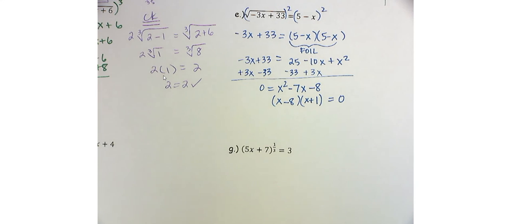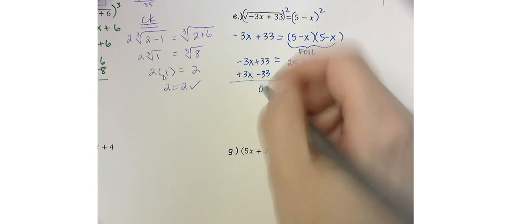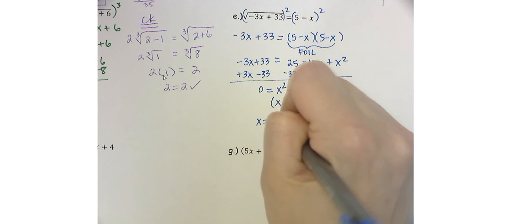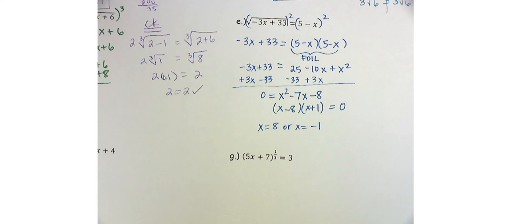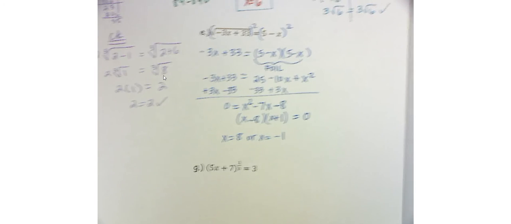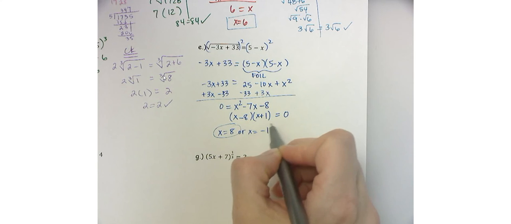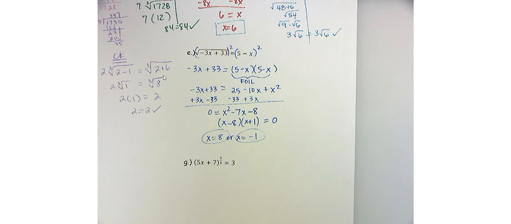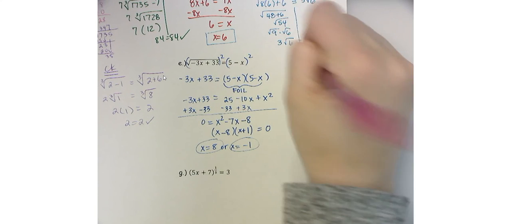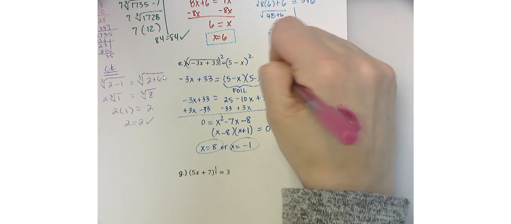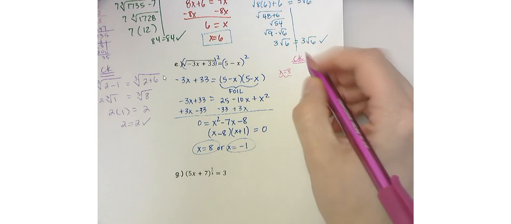So when I plug this in, I have the square root of negative 3 times 8 plus 33 equals 5 minus 8. Okay, so this would be negative 24 plus 33. Negative 24 plus 33 is going to be 9. The square root of 9 is 3. 5 minus 8 is negative 3.